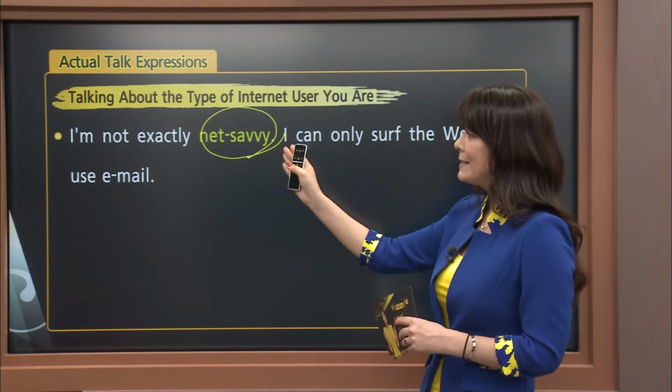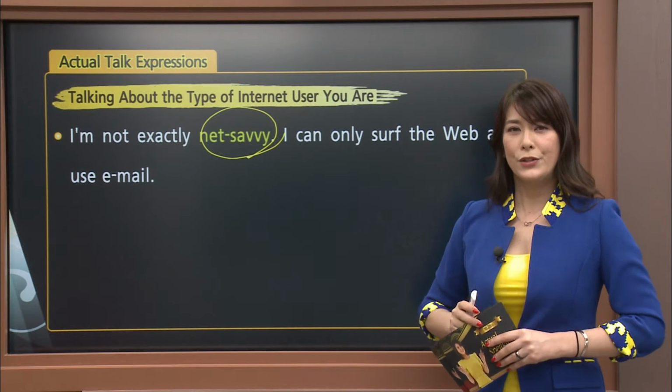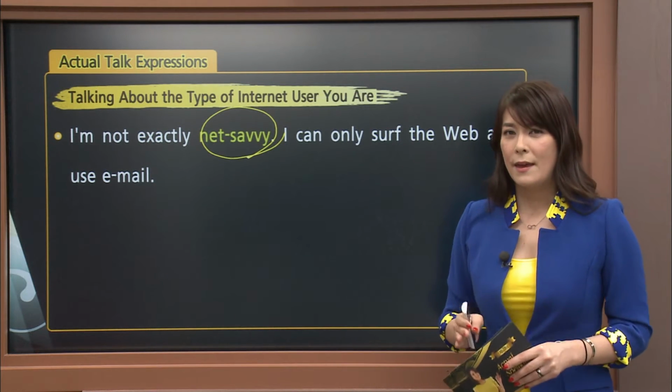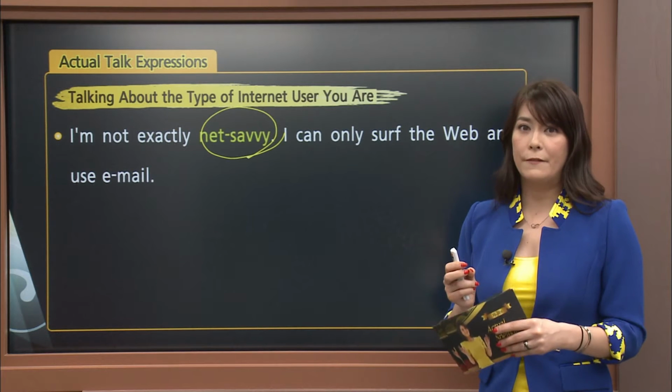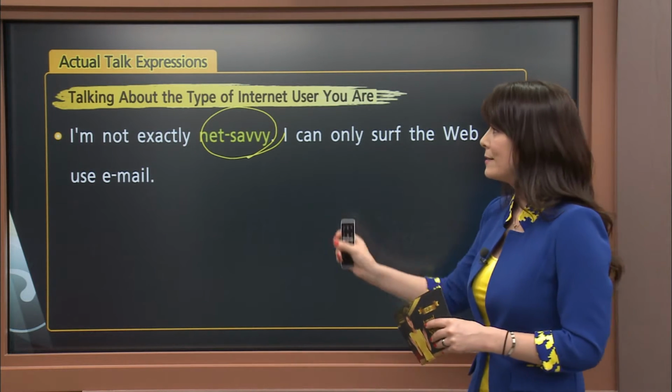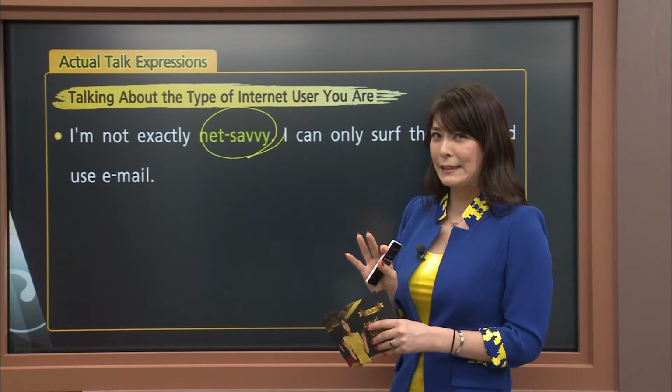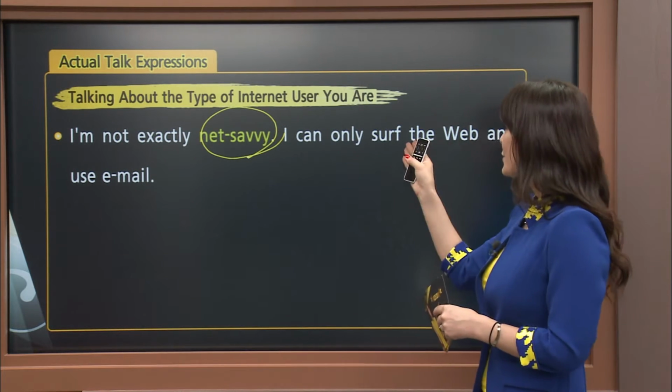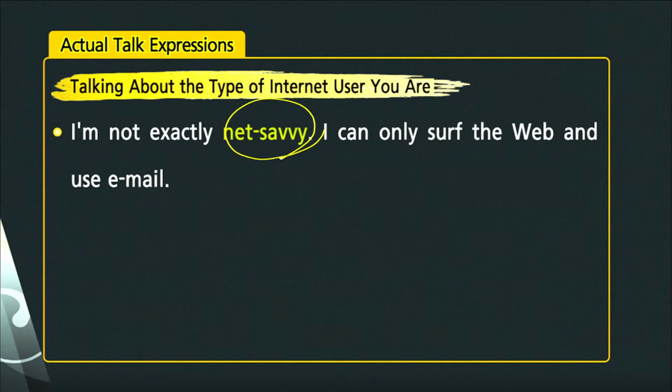So if we say net savvy, it means you know how to do lots of things online. And you know a lot about even the viruses. You're very skilled at what you can do online. So if you only surf the web and use email, only doing those simple things, you can say, I'm not exactly net savvy, okay?